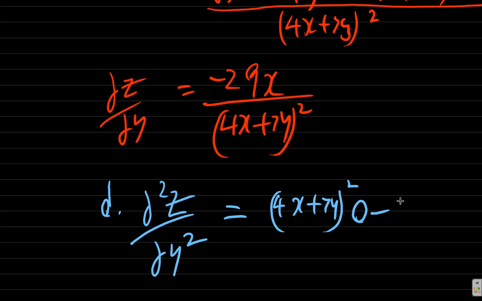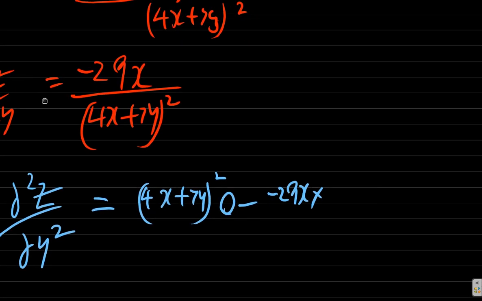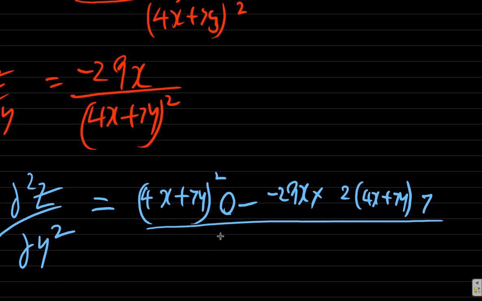Minus, hold the top, negative 29x, times differentiate the bottom. We get 2 times 4x plus 7y, differentiate the outside function times differentiate the inside function with respect to y, we get 7 over, and this would be 4x plus 7y to the fourth.